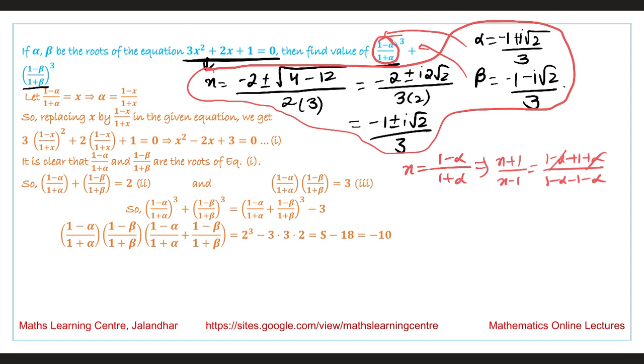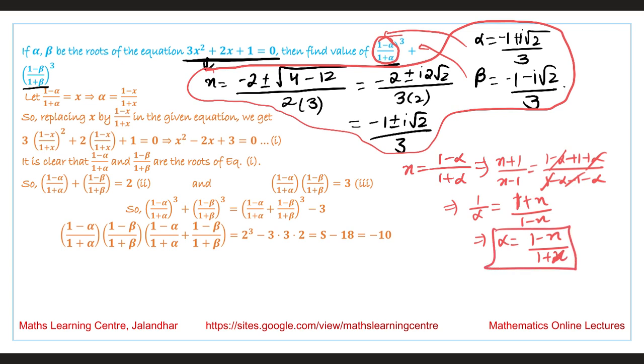So over here this alpha gets cancelled, 1 gets cancelled. So this implies that 1 over alpha is equal to 1 plus x over 1 minus x. So the value of alpha is 1 minus x over 1 plus x.